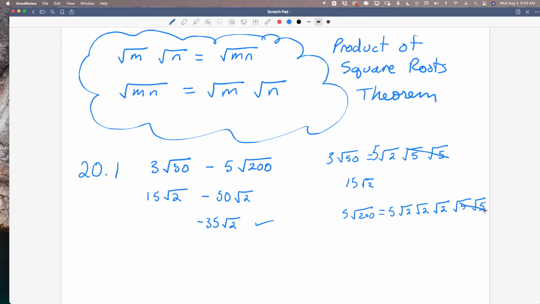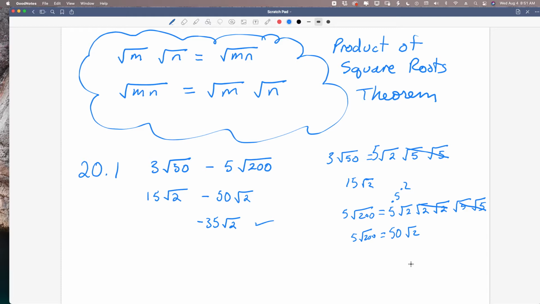So we were able to pull this out. So that's a 5. And we were able to pull this out, which is a 2, which left us 5 times 5, which is 25 times 2. So that's 50 times the square root of 2. And that's what 5 times the square root of 200 is equal to. If the illustration helps you to see it better, then use this illustration.